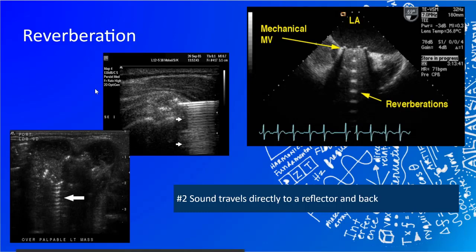Let's take a look at these pictures here. We have a very bright reflector here. This is actually a needle within the tissue, most likely creating a sample. And what is happening is sound is coming down from the transducer, is interacting with the needle, and it's actually interacting within the inside of the needle.